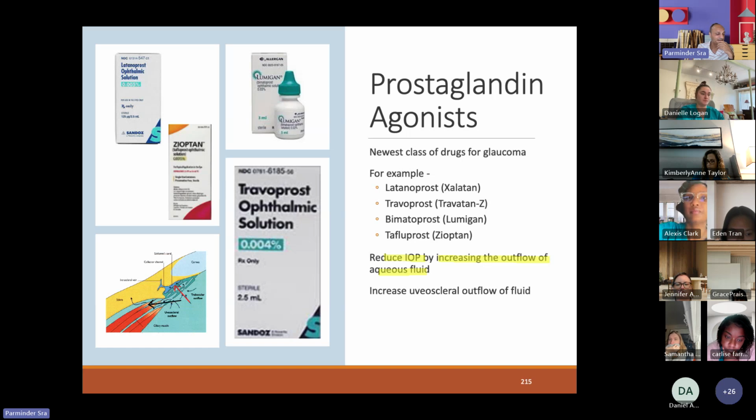The reason is that in patients with colored eyes, it can permanently change the color of the eye. It changes the iris pigmentation and makes it brown.